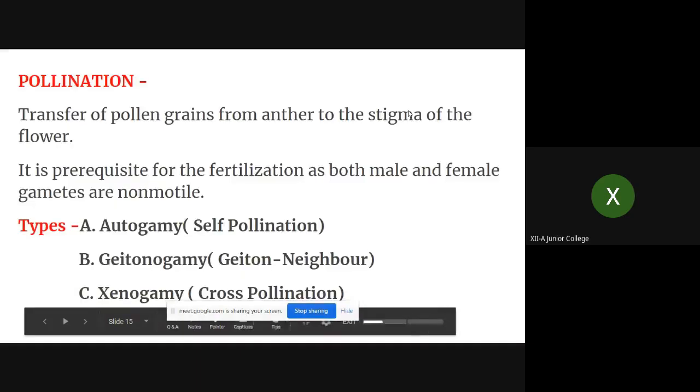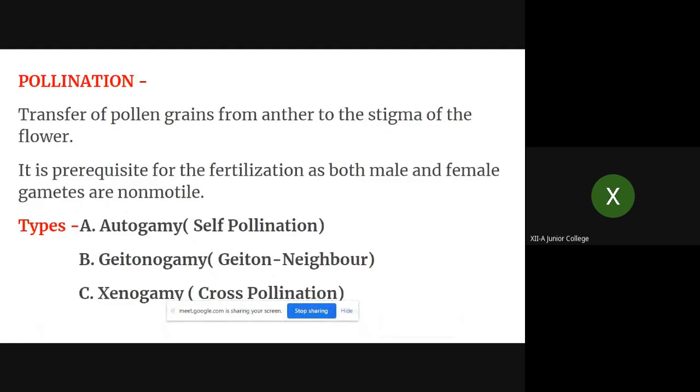Okay, now we'll see what is the definition of pollination, that is transfer of pollen grains from anther to the stigma of the flower. That is the simple definition. Just now I showed you the parts also. Stigma is the topmost part of the gynoecium, that is the carpel, and I showed you the anther also, where the pollen grains are produced.